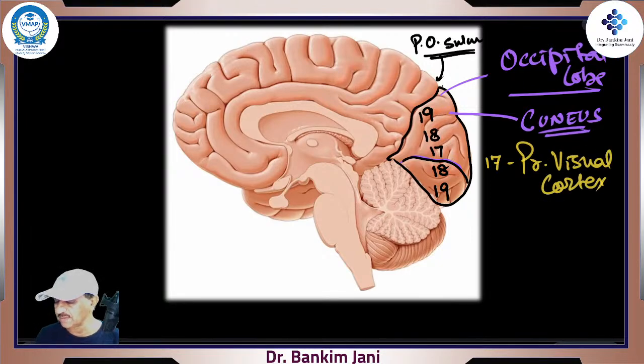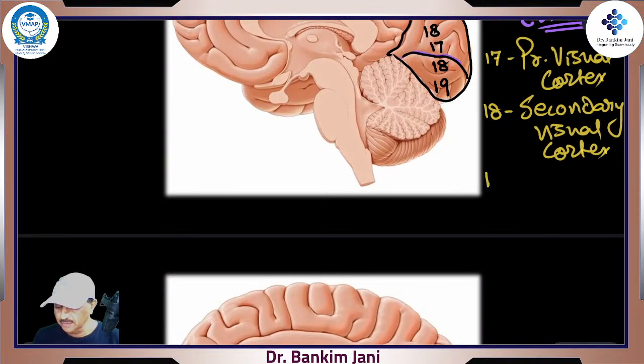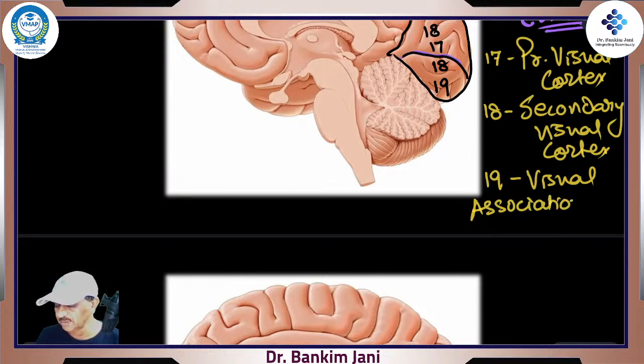When we discuss the visual pathway, we'll find that there is a primary and a secondary. So 18 would be the secondary visual cortex. And 19, as we were discussing for the association part, is the visual association cortex, because all our senses are associated with each other.